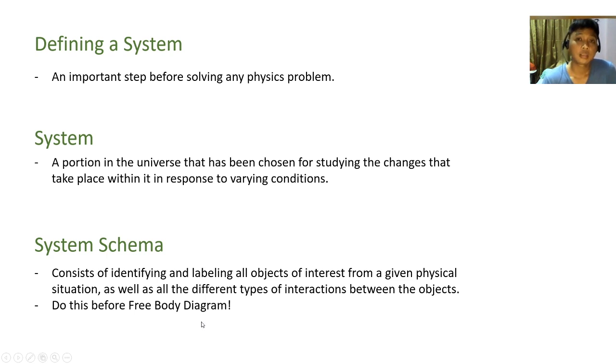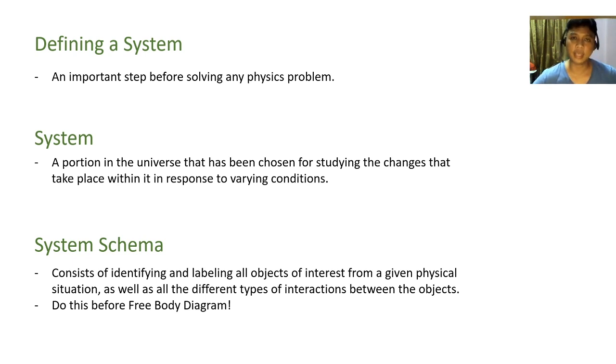So if you read a problem, maybe the problem will provide you with a pictorial representation, like a picture that accompanies a problem. That's good, but before you dive right into the equations, you need to first create a system schema so that this diagram will help you visualize what you really need to see, not just the objects, but the forces between those objects.